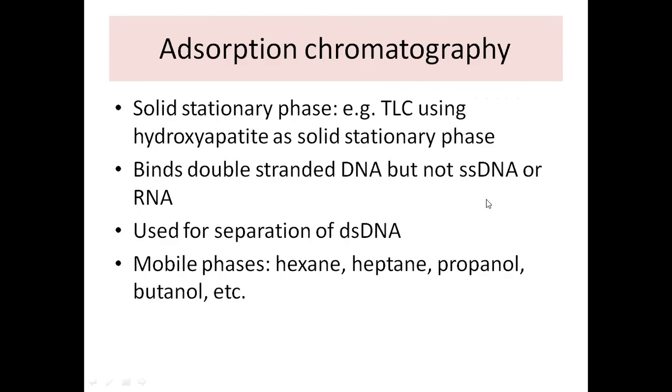Okay, so single stranded DNA doesn't bind, or RNA doesn't bind to the plate, but only double stranded DNA can bind to that plate. And therefore, if there are different sized double stranded DNA molecules, okay, then they can be separated on this particular plate. Okay, and the usual mobile phases which are used for DNA separation are hexane, heptane, propanol, butanol, etc.